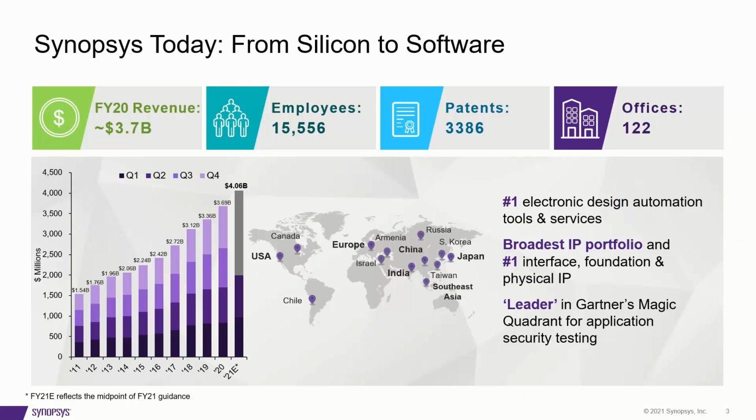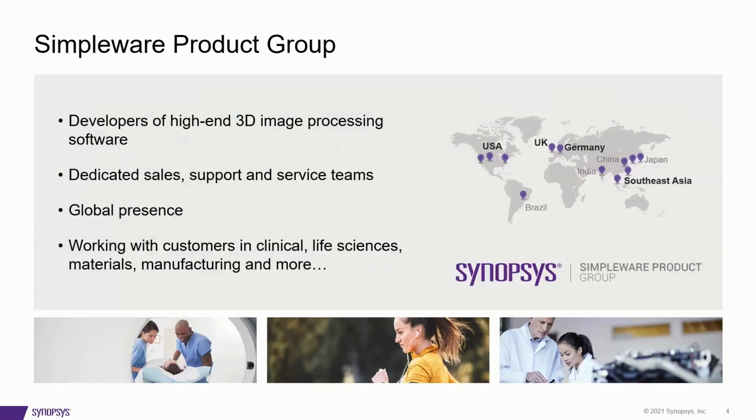So to give you a bit of background on Synopsys, we're a rather large company with about 3.7 billion in revenue, projecting to hit the 4 billion mark at the end of this fiscal year. We have about 15,000 employees, and it's a very large software company with a global presence, and has been a leader in our area for a long time.